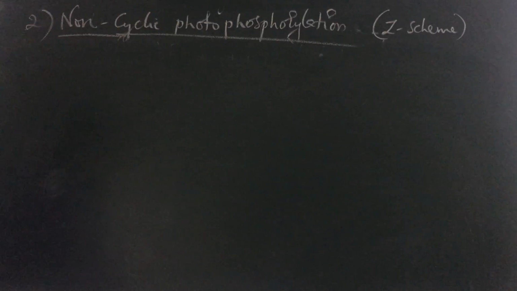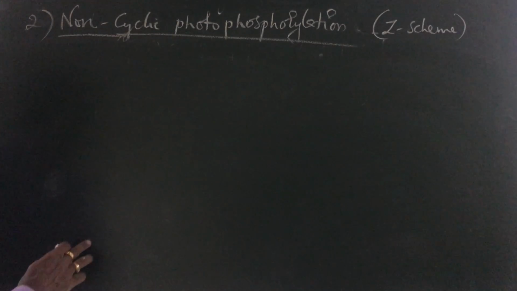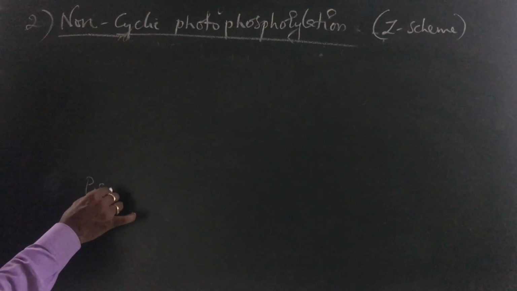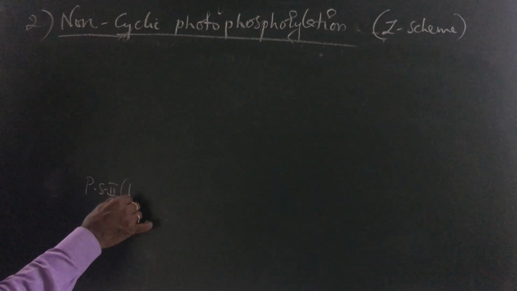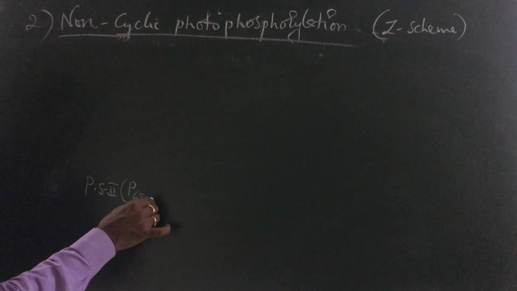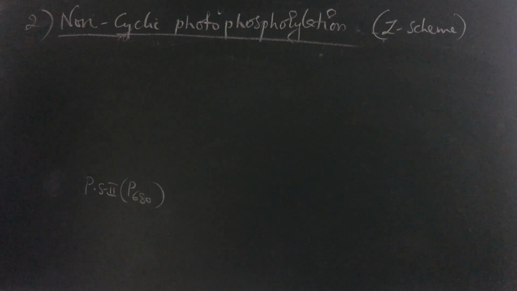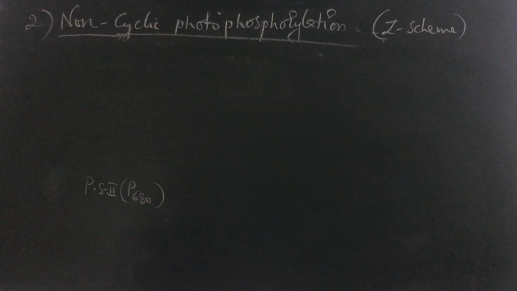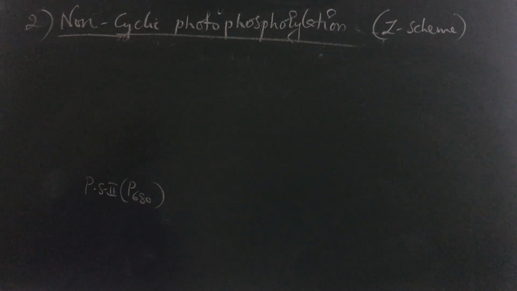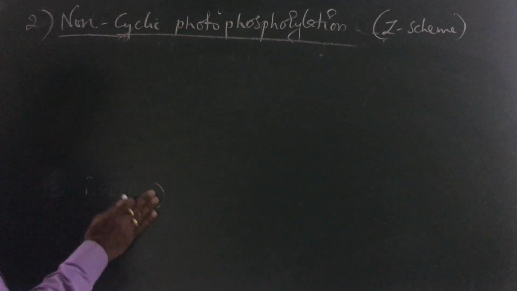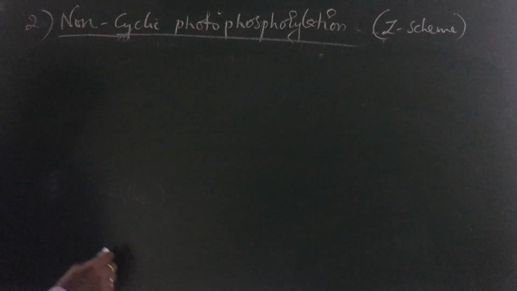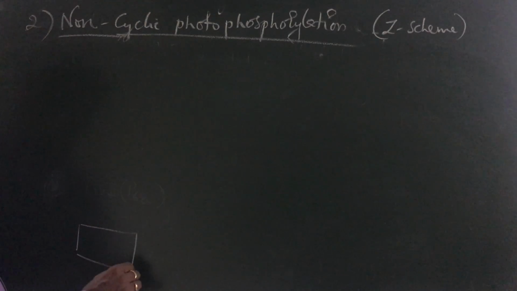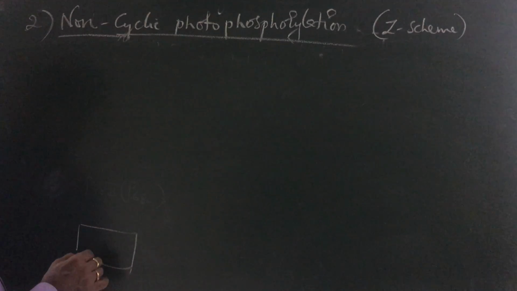So now the photosystem 2, which is P680. When you take photosystem 2, this is the light harvesting center, LHC.